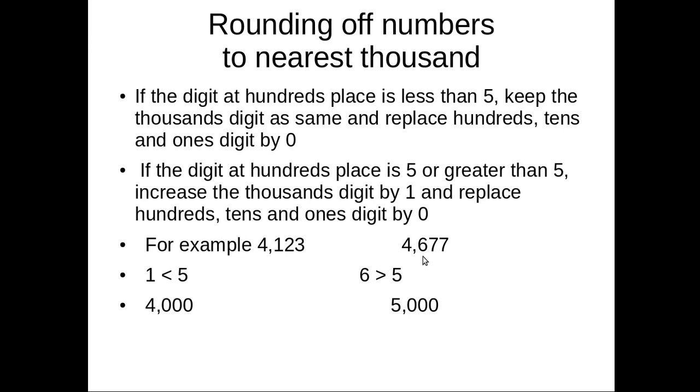Here the hundreds place digit is 6, so it is greater than 5. So we add 1 to the thousands place digit, that means 4 becomes 5, and we replace the 3 digits, that means hundreds, tens and ones, by 0, and it becomes 5000. So the nearest 1000 of 4677 is 5000.